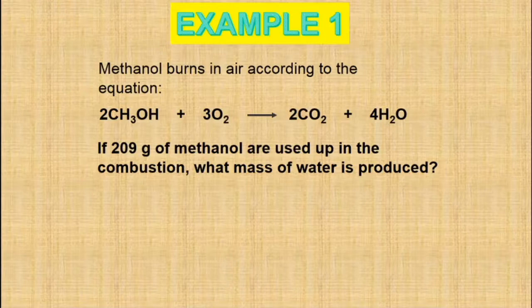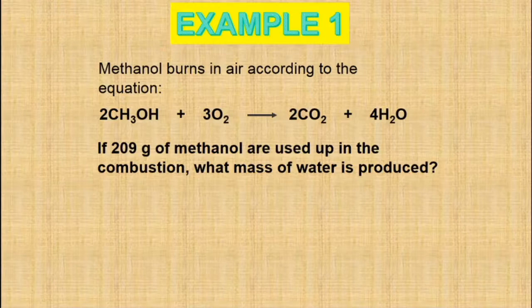Let's say the methanol used in this reaction is 209 grams, or 209 grams of this methanol is completely combusted. What mass of the water is produced in this reaction?